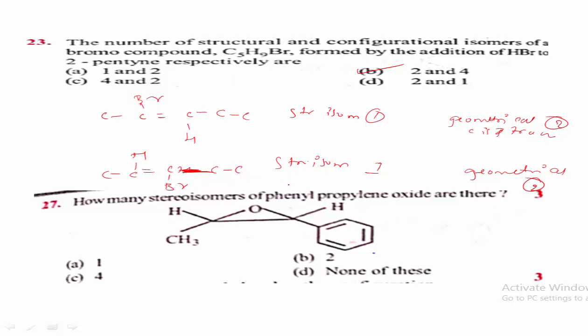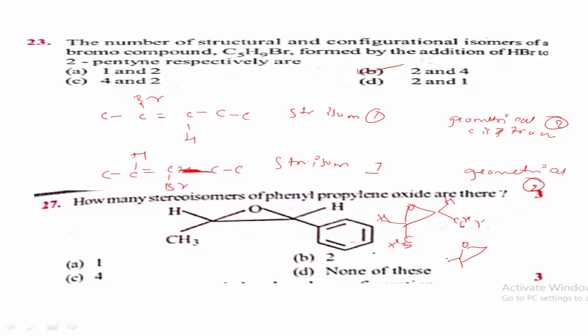It contains stereoisomers like this. Here I write one H and one CH3, and here I write H only, and here C6H5. It's phenyl group.